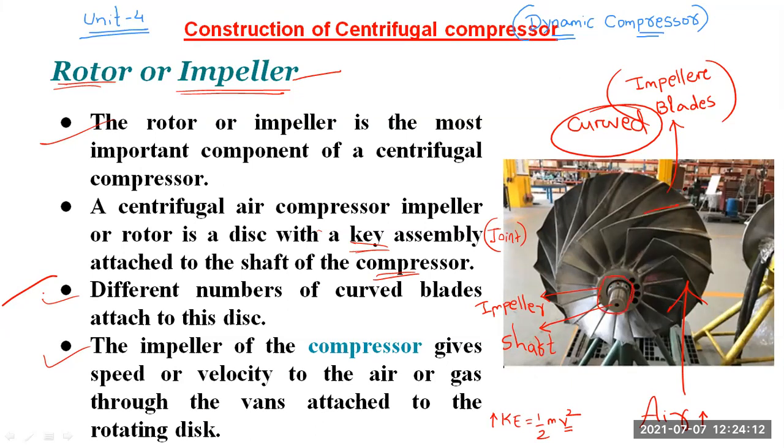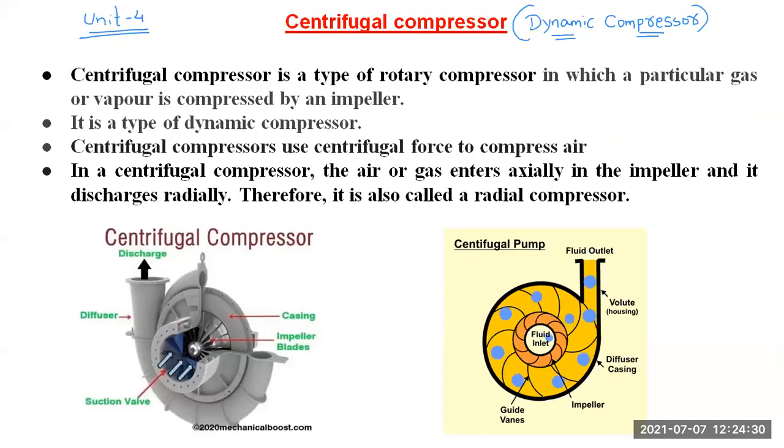With this impeller, these blades are attached. Whenever the air comes in contact with this blade, it will rotate. So it will rotate the air. It will increase the kinetic energy of the air, and as a result, the velocity of the air will also increase. That's what you can see from this diagram.